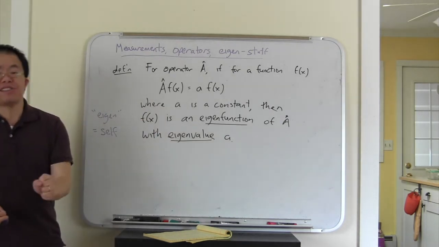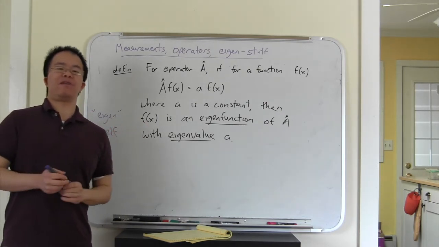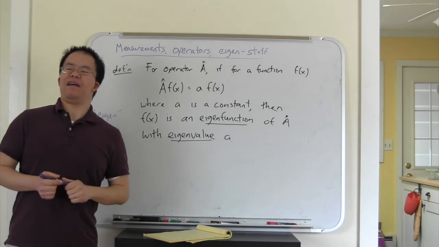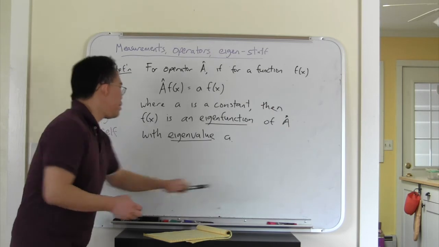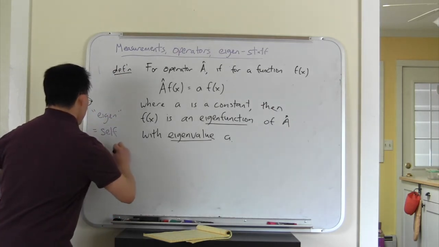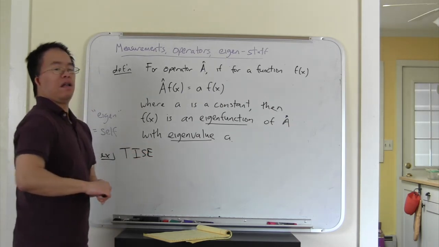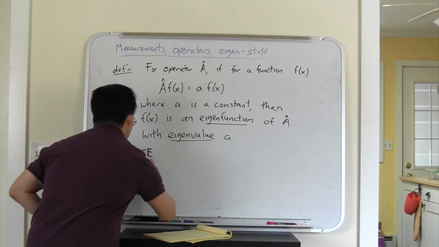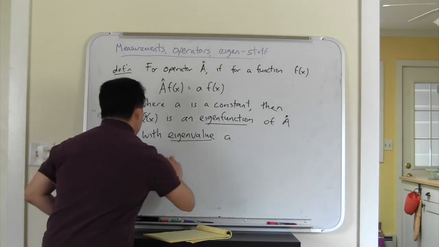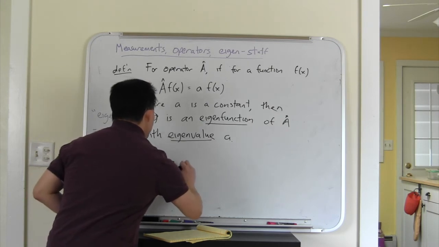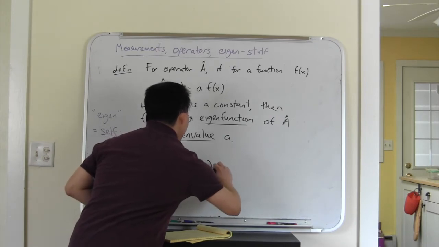The absolute best example has to do with the time-independent Schrodinger equation and what it means. So the time-independent Schrodinger equation, we know, is minus h bar squared over 2m d squared dx squared plus my potential energy acting on psi.